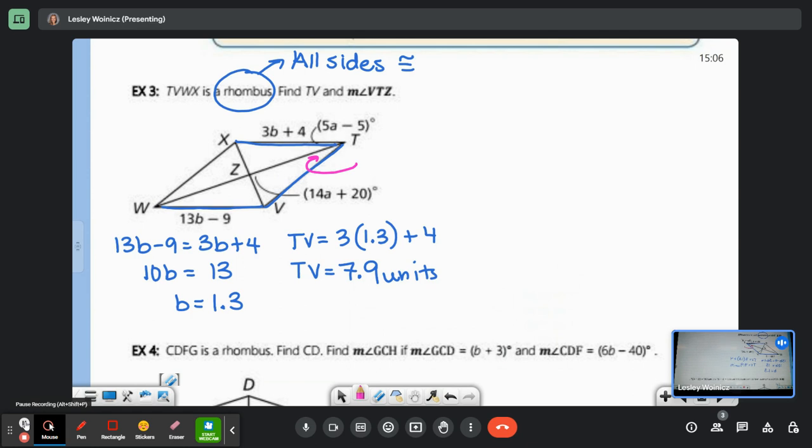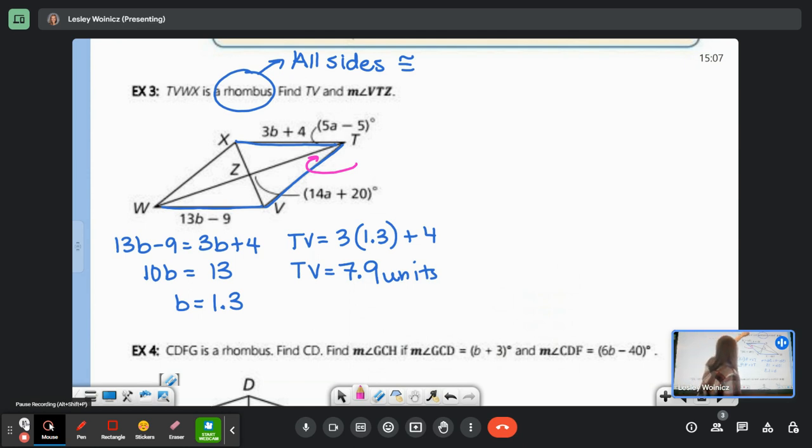If we have a rhombus, what do we know about the diagonals and the opposite angles? Okay, let's say, what do we know about the intersection of the diagonals? Hold on. What do we know about what happens when the diagonals of a rhombus intersect? They're perpendicular.